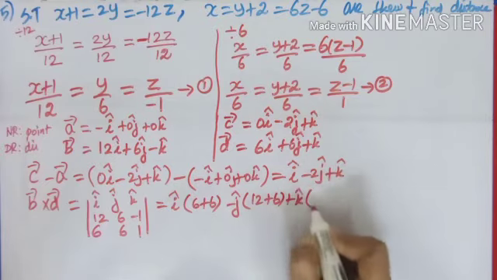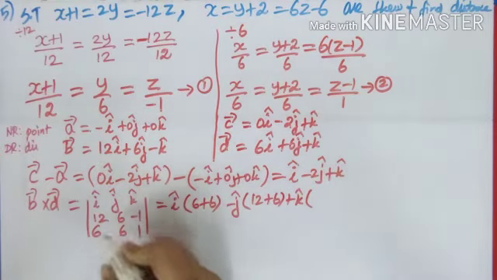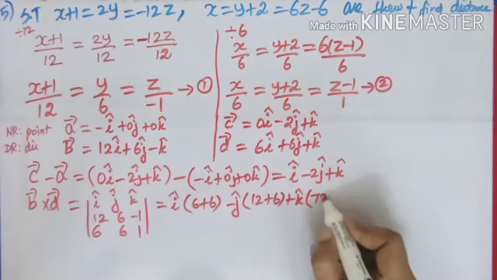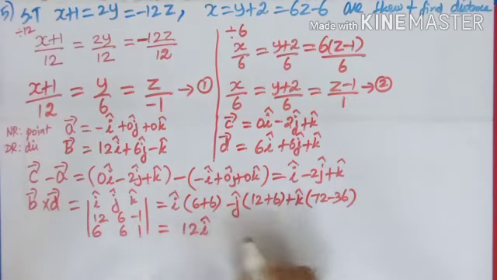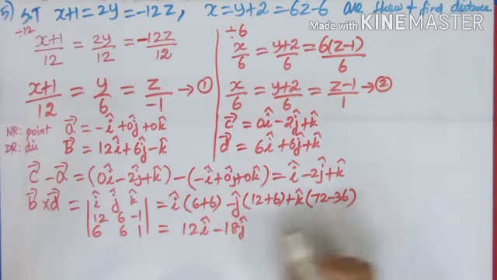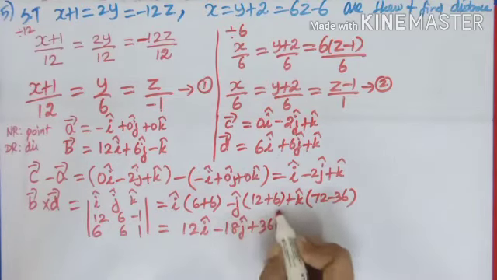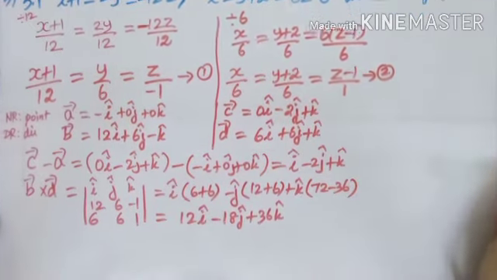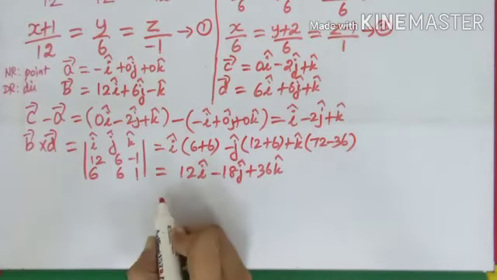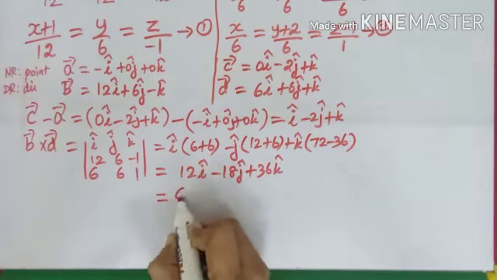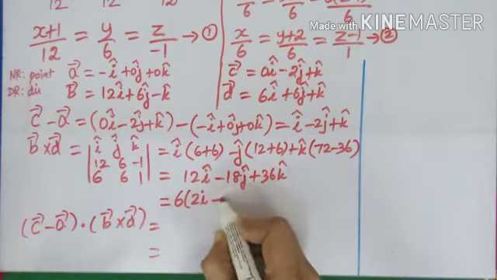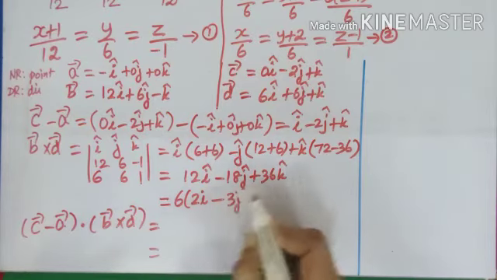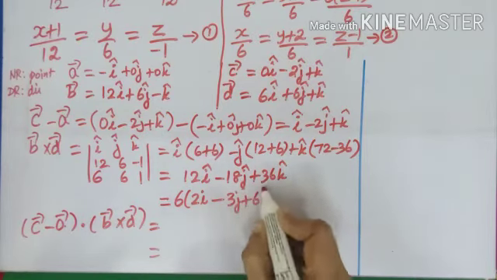Plus k into, again hide the row and column, 72 minus 36. So my answer is 12i minus 18j plus 36k. So we know what is B cross D. In all the numbers 6 is common, let us take it out. 2i minus 3j plus 6k.